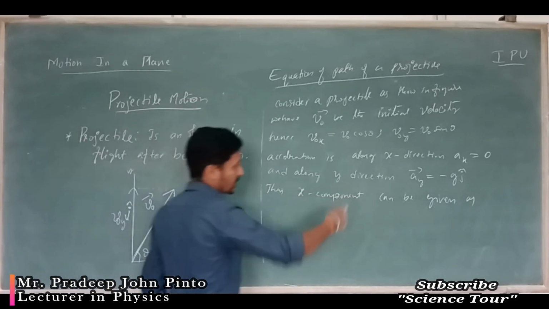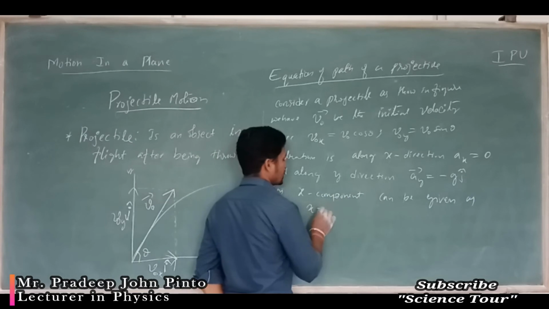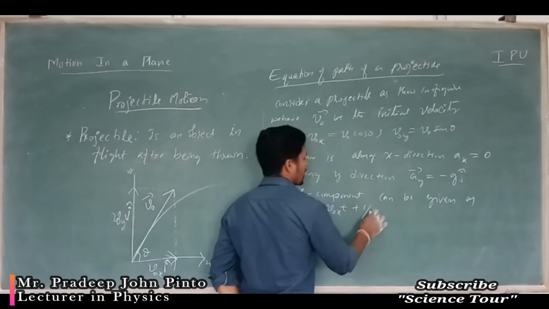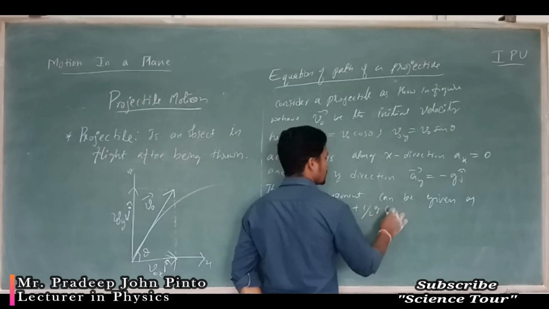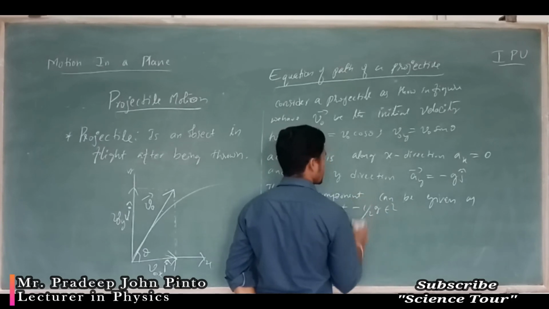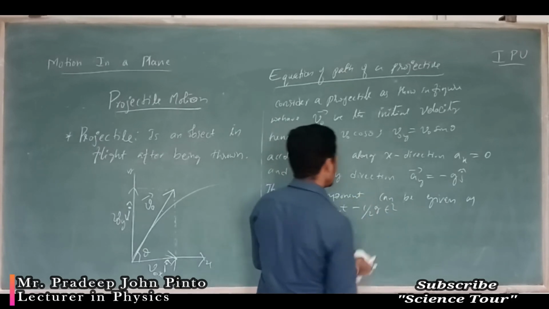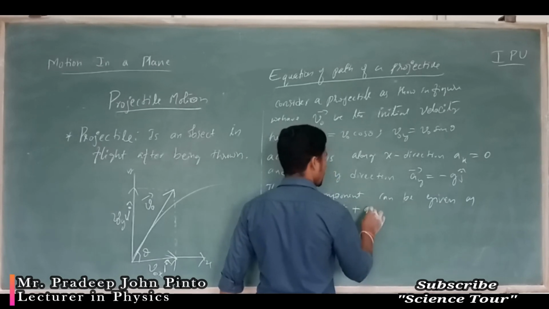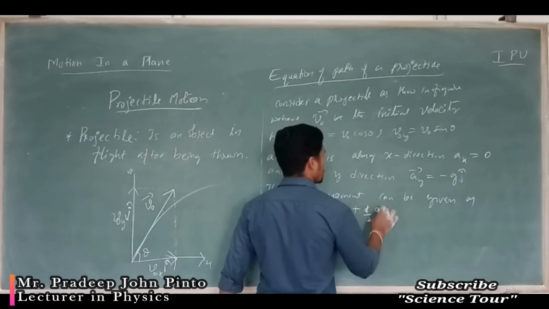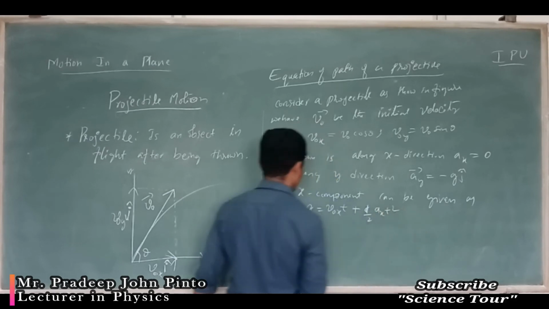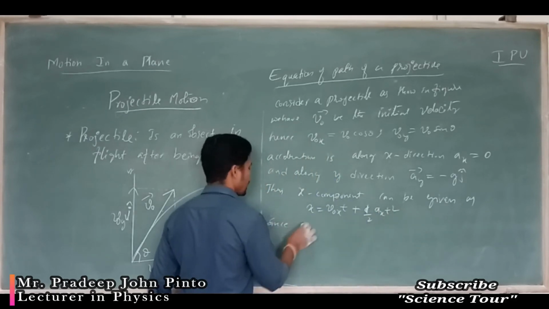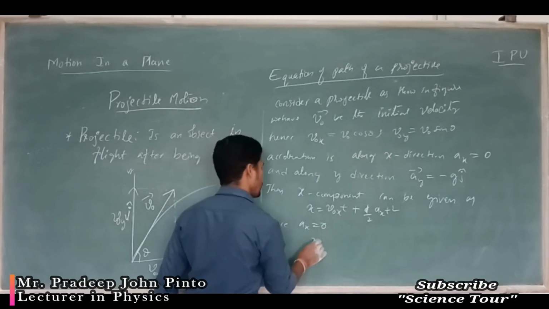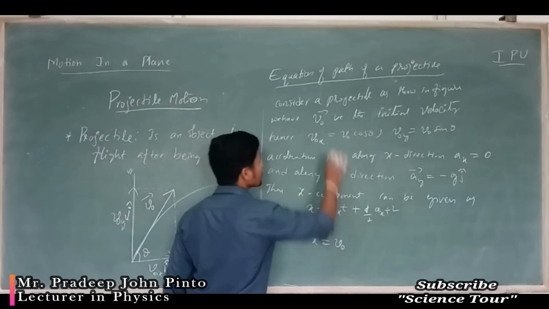So the x component: you can write x is equal to v naught x into t plus half ax t square. Since ax is equal to 0, x is equal to v naught x into t.